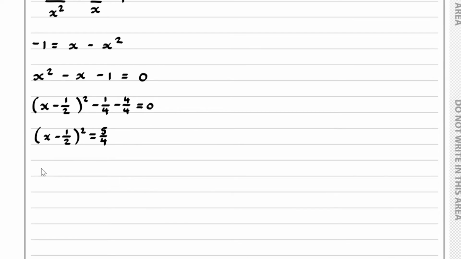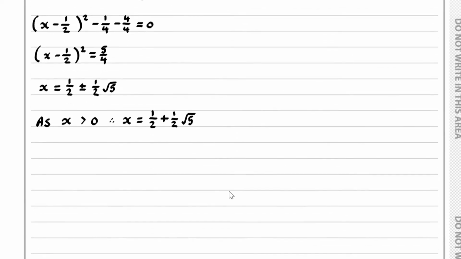So that means x is equal to 1/2 plus minus 1/2 times the square root of 5, and as x is greater than 0, that means for our solution, we have x equals 1/2 plus 1/2 times the square root of 5.